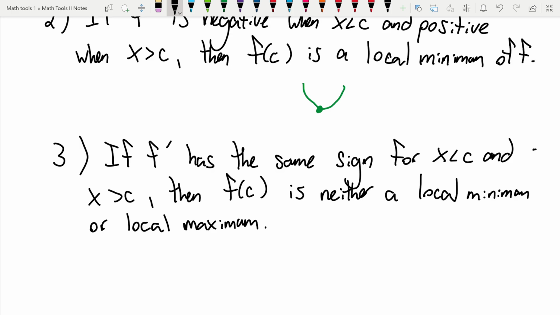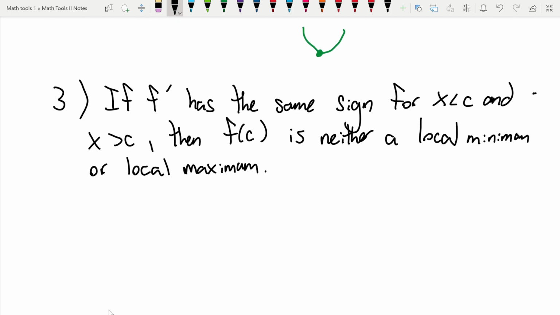So if we just think about where would this one happen, well, maybe something like x cubed, for example. So if f of x equals x cubed, this graph looks like this, right?